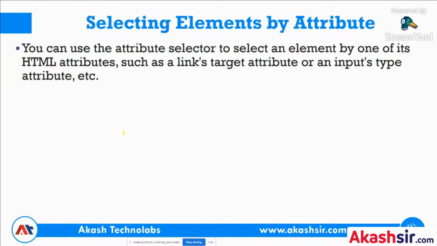Then selecting element by attribute. For an example, you know very well input type we have different attributes. Input type text, input type password, input type number. So same thing over here. If I want to select a particular attribute, we can use elements by attribute.